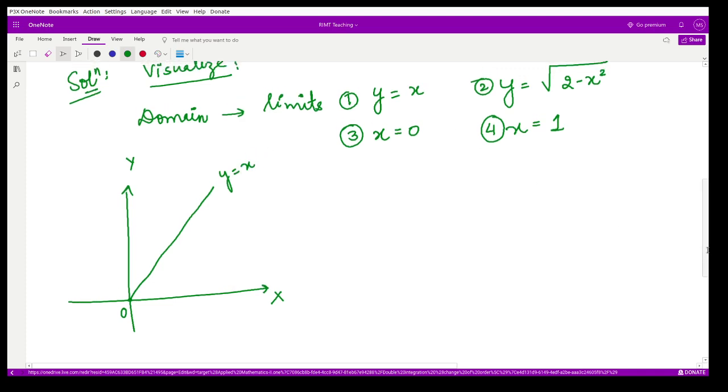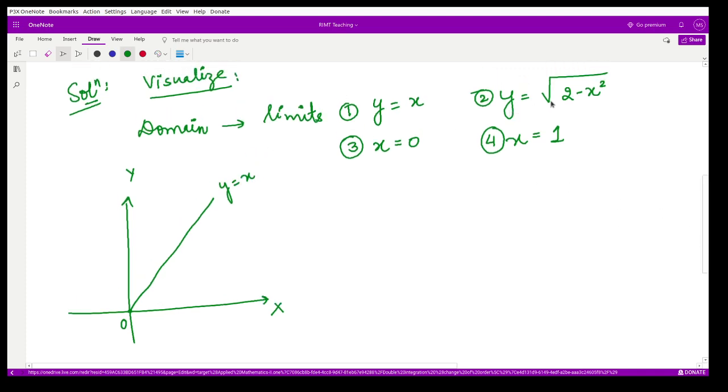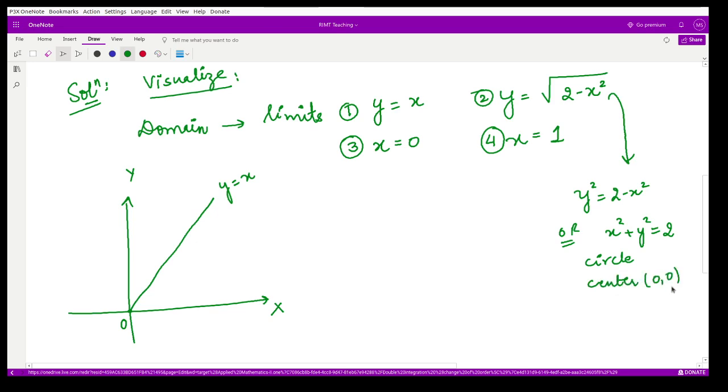Now the second curve, that is y is equal to square root of 2 minus x square. You can also write this as y square is equal to 2 minus x square, or in other words x square plus y square is equal to 2. So that means this is a circle having center at 0 0 and radius square root 2, right?